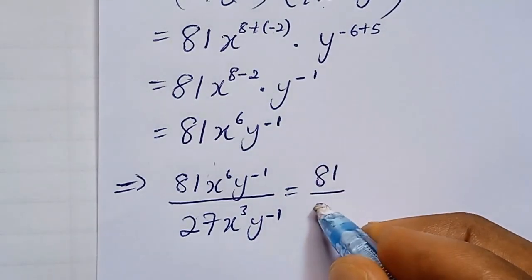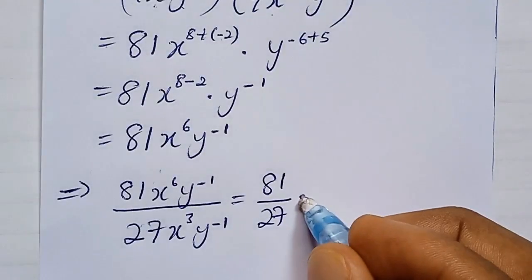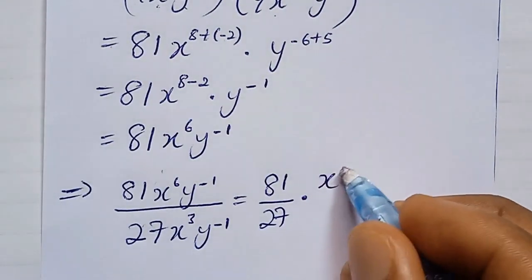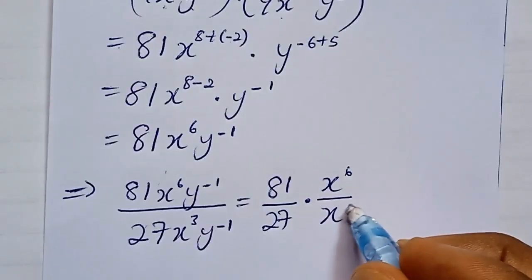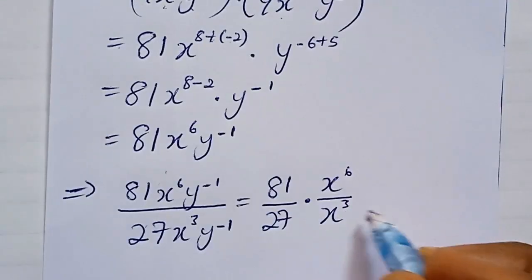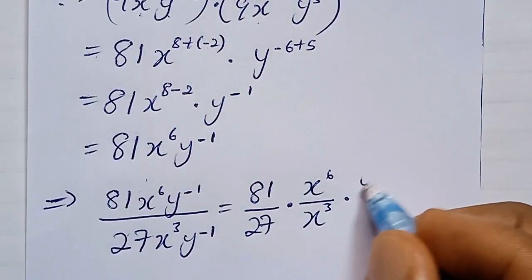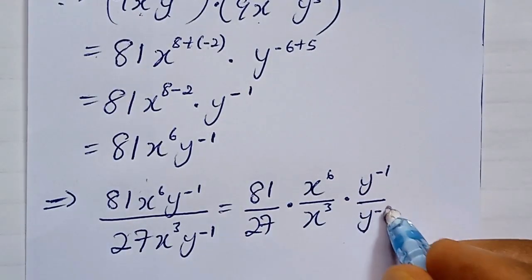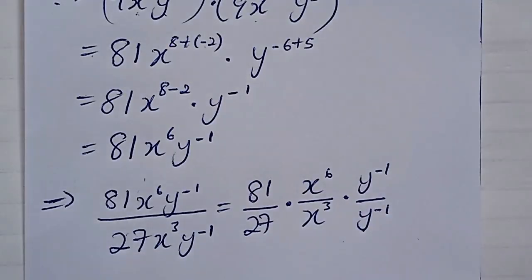So we can write this as 81 over 27, then x^6 over x^3, multiplied by y^-1 over y^-1. We are considering the base and the base.